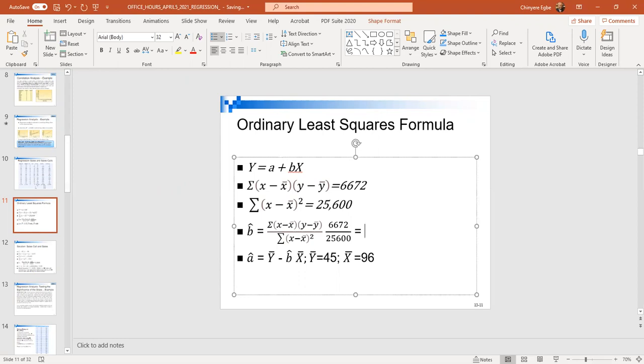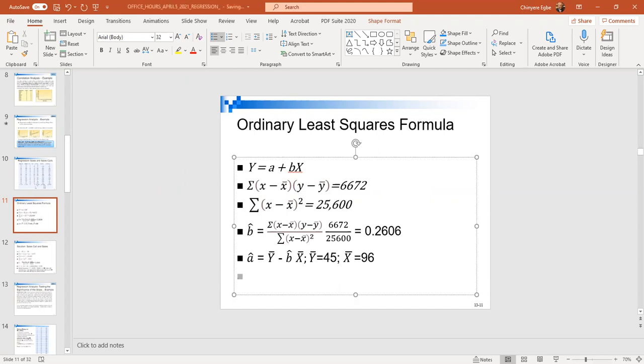Here it is. 0.26, and some change. All right, 0.2606. So that is a positive number. That says the more sales calls you make, the more sales that you make.